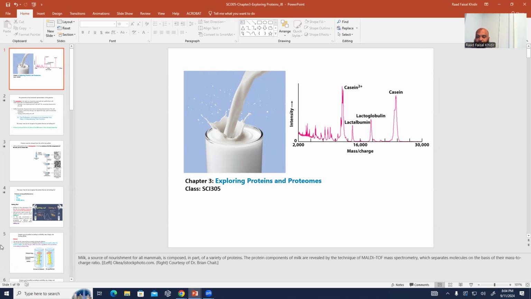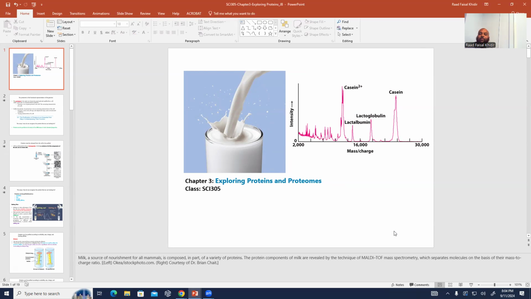Milk is an example of a suspension because it has sugars in there, it has water, and it has fat droplets in the milk. So the protein components of milk are revealed by the technique of mass spectrometry, which separates the molecules on the basis of their mass to charge ratio.